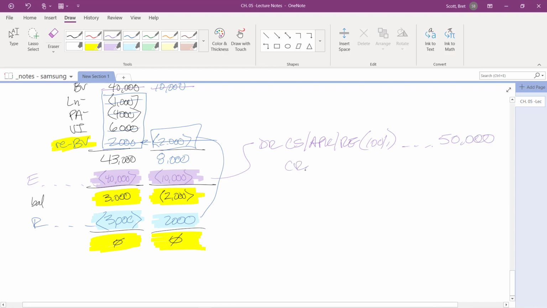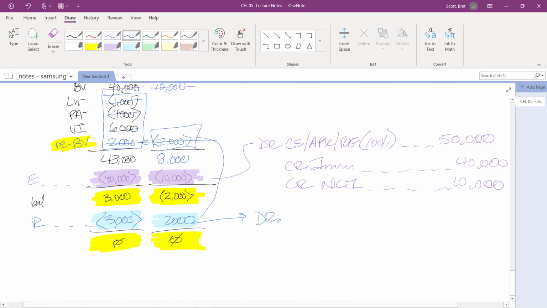Here, we have to split it between our investment and the non-controlling interest, which was the 40 million and the 10 million.